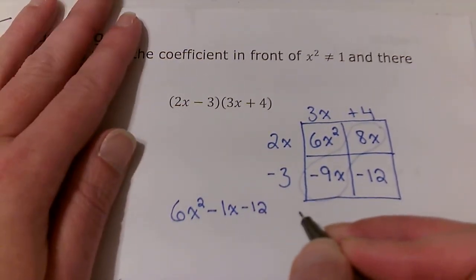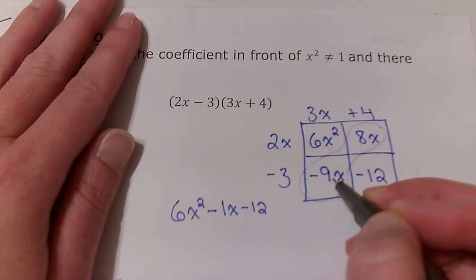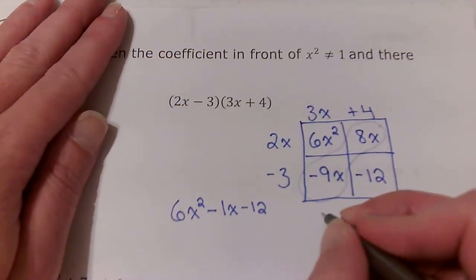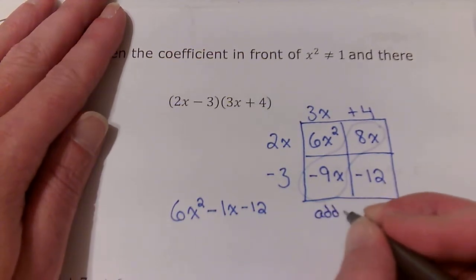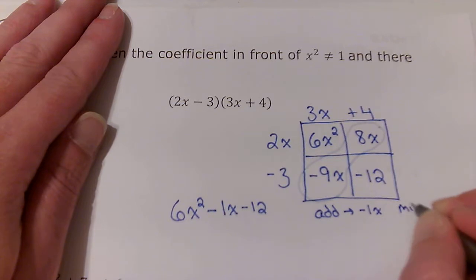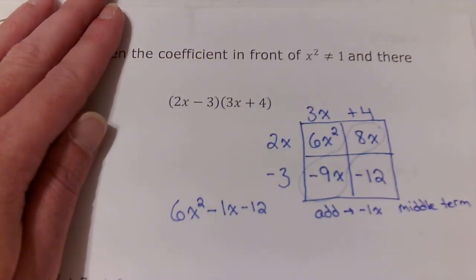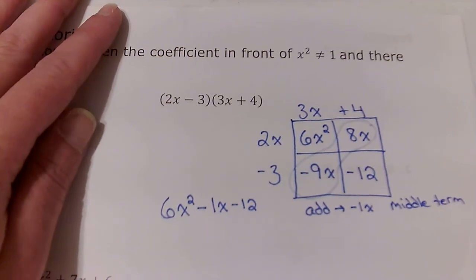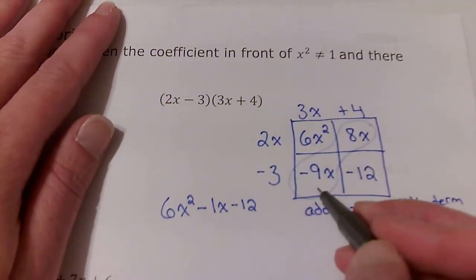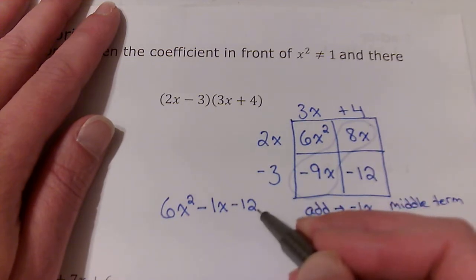Now previously, these two added to be the middle term, and that's fine, they do. They add to be that middle term, negative 1x. But they're not multiplying together to be the last one. 8 times negative 9 does not give me a negative 12.